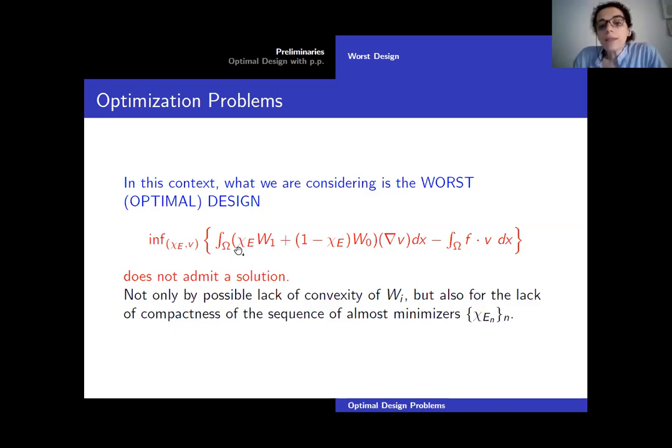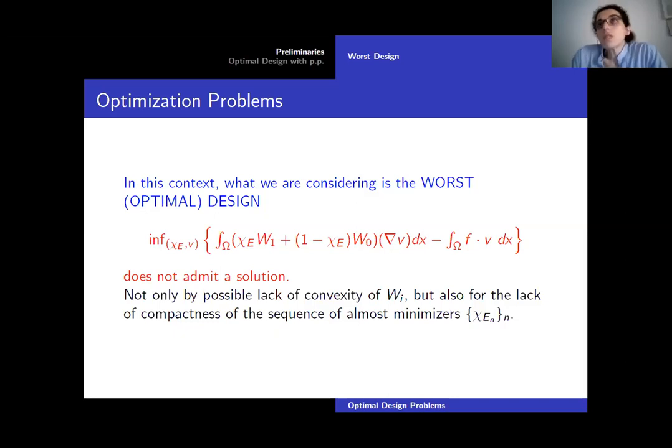The point is that this sequence chi E, if I want to consider an infimizing sequence, takes values just in 0, 1, but of course, up to a subsequence being clearly bounded, it will have a limit which takes values in the entire interval 0, 1.